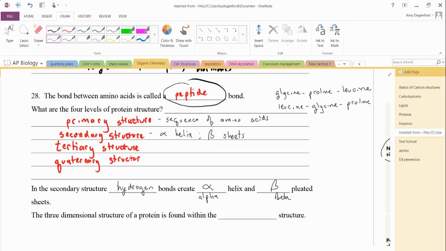Those alpha helices and beta sheets, think about the strand of amino acids starts coiling around. And then as the coils themselves start bending, we get into the three-dimensional shape of the protein. And then if we have multiple polypeptides, 2 or more polypeptides that interact.